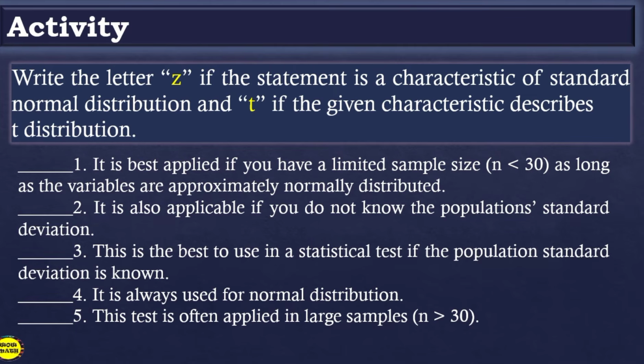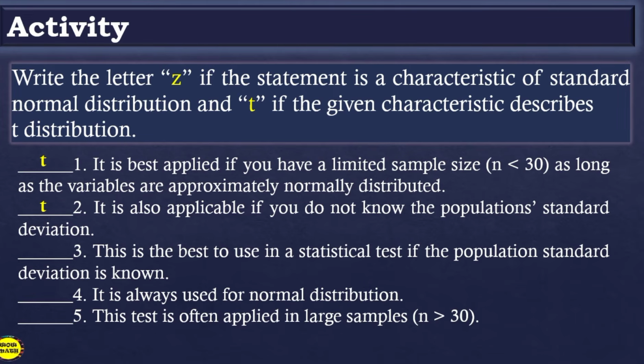So for number one, since that is limited sample size, so what do you think? Okay, so we're going to use T distribution. So letter T ang sagot natin. How about number 2? Since the population variance or the population standard deviation is unknown, therefore, T distribution also.